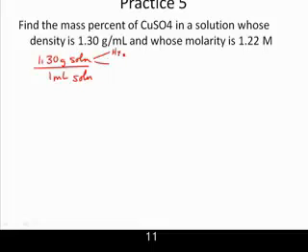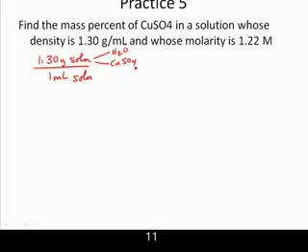We want the mass percent of copper sulfate in a solution that has a density of 1.03 grams per milliliter. So 1.03 grams of solution in 1 milliliter of solution. Again, we'll just remind ourselves that it is water and copper sulfate that makes up that mass there.